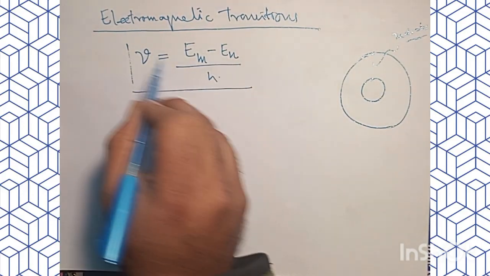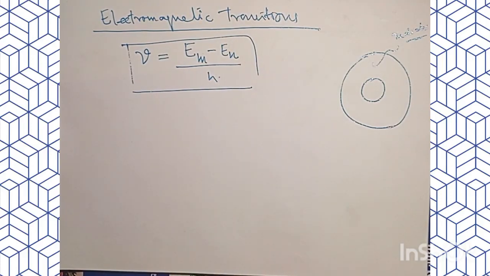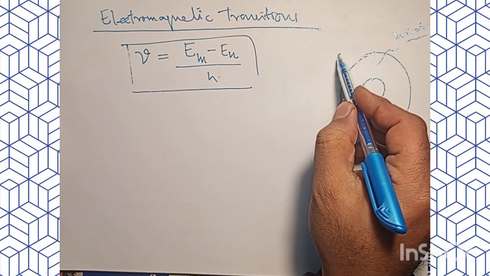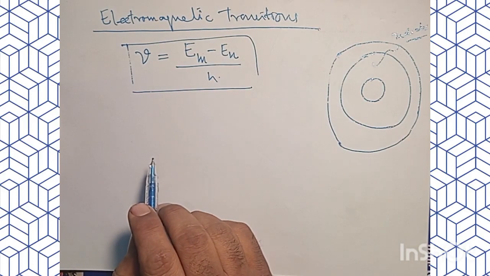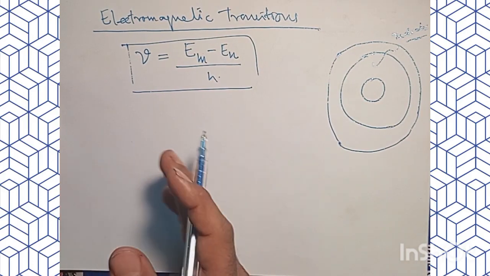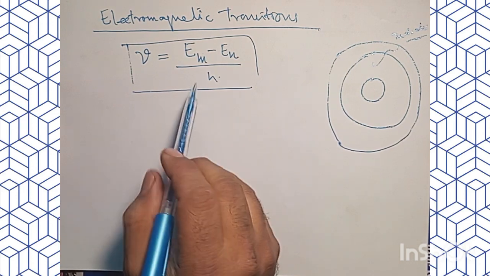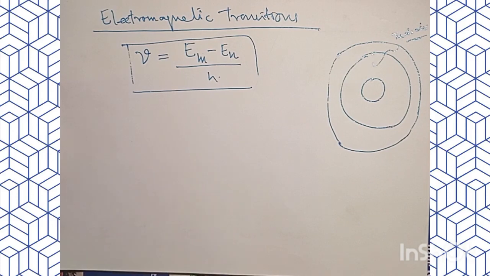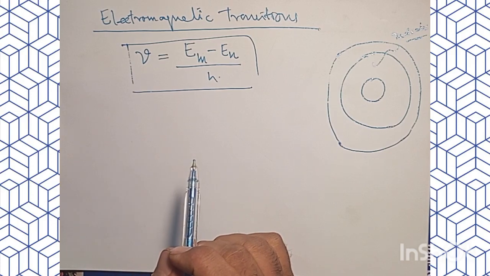This gives us the frequency of the radiation when an electron makes a transition from some higher orbit to a lower orbit. It's not very hard to show that this relationship automatically comes out of quantum mechanics, in evaluating the basic principles of quantum mechanics on the hydrogen atom.